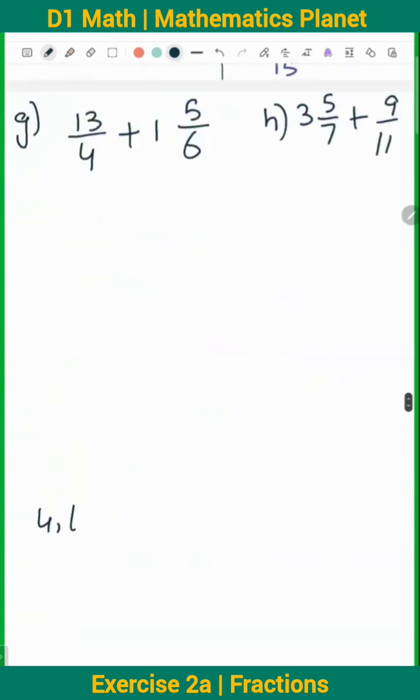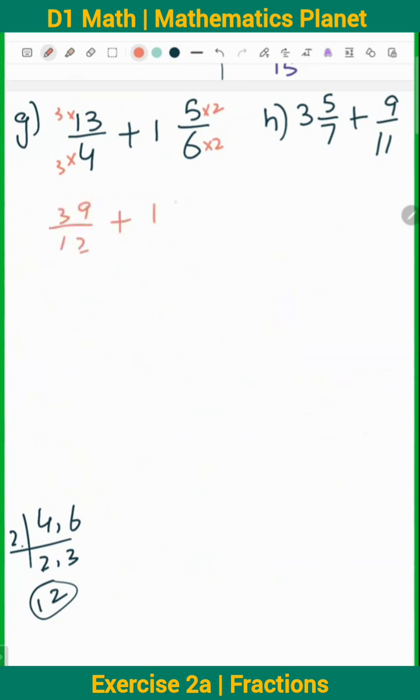Then we will multiply 2 2s are 4 and 4 3s are 12. Very good. So you get 12. Then you will multiply 4 with 3 and 6 with 2. So our denominator will be the same this way. We will also multiply the numerator with the same number, 5 2s are 10. Very good. So you got this.